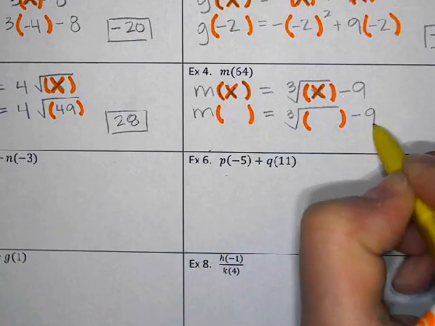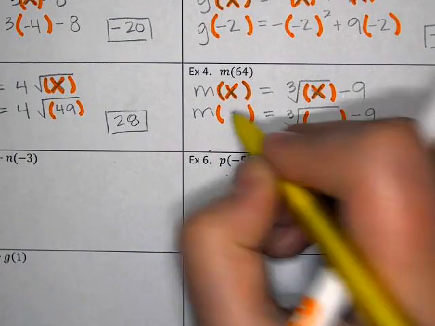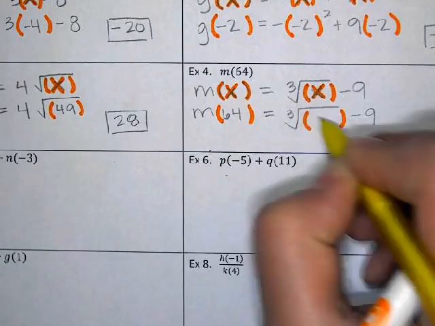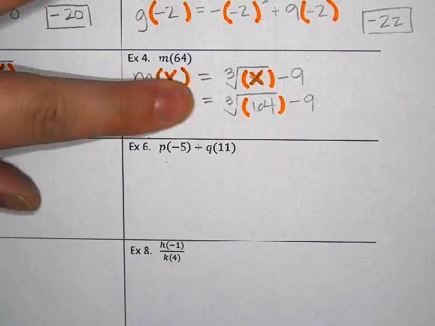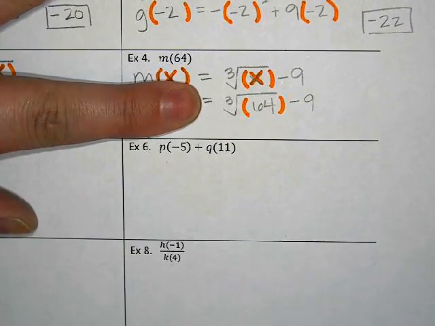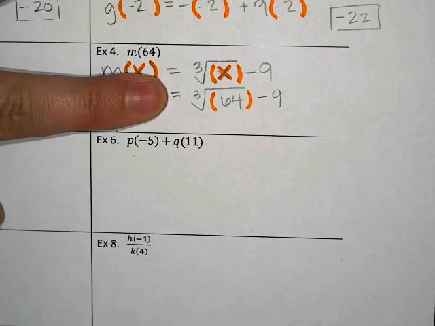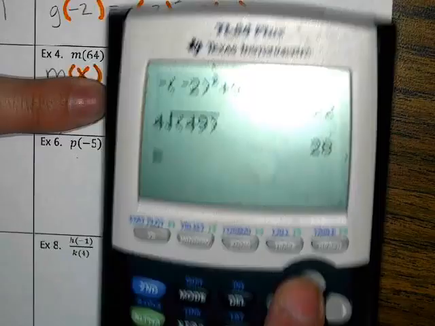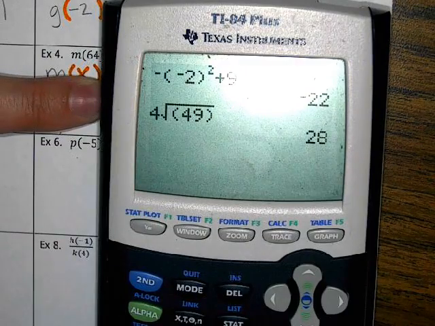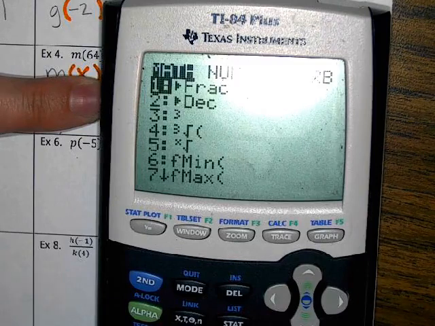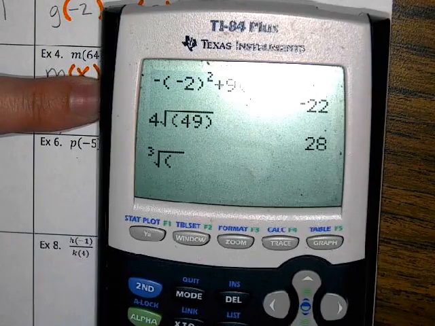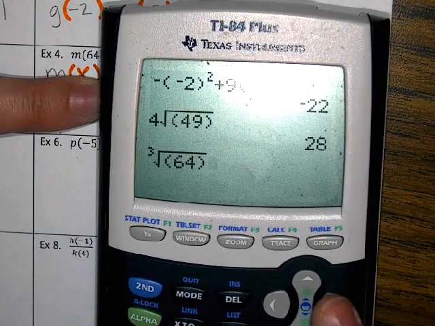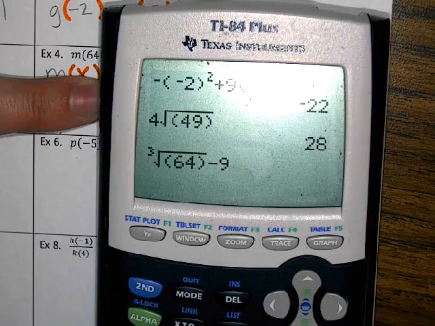And the number that I'm plugging in is 64. So I don't need this. This is just notation. I'm going to type in cube root of 64, subtract 9. So to get a cube root, I have to hit the math button. The cube root is number 4. So cube root of 64, subtract 9. Negative 5.